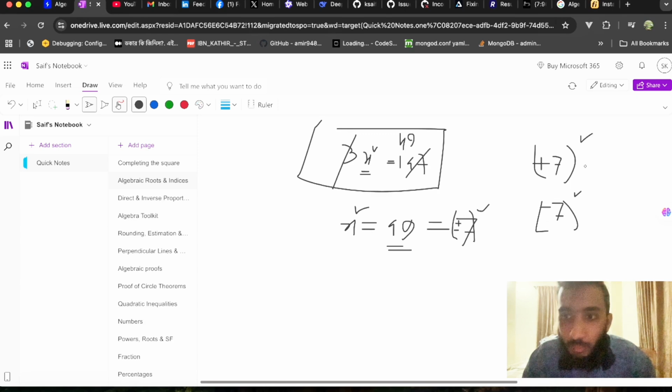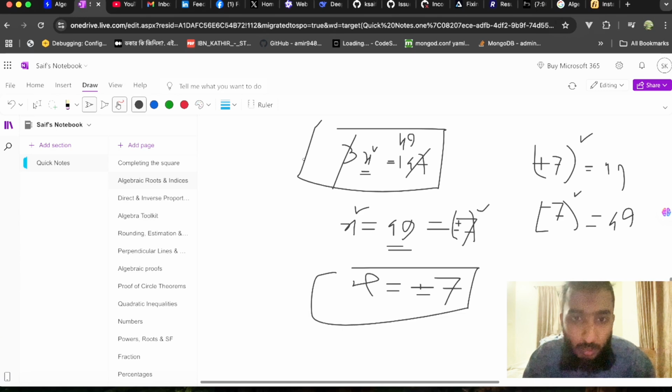Both result in 49, right? So if both of them result in 49, we can get x is equal to plus minus 7. So this is the solution to this equation.